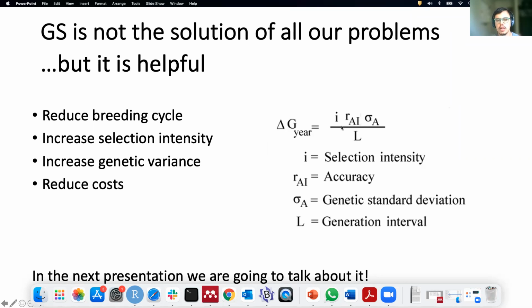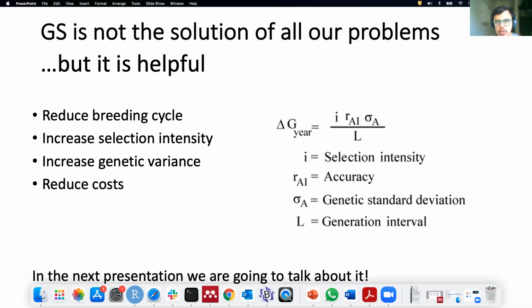So genomic selection can be used to increase the selection intensity. If you can afford to get the genotypic and phenotypic information to create a training population, you can predict the phenotype in a lot of other lines, as long as you can afford to get the genotypic information in those lines.